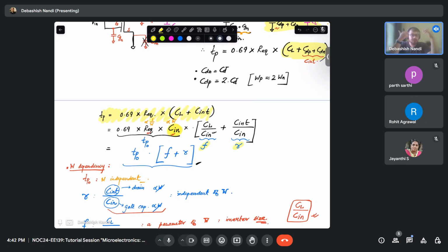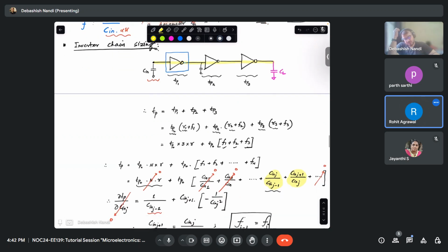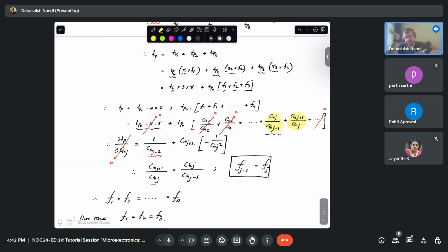That means how much your drain capacitance is with respect to your gate capacitance. So everything is just simple. To arrive from this part to this part is very simple. What I want to emphasize is, do not remember the formulas. It will not help you. It is better to understand the things so you can quickly do it. If you practice 3 or 4 problems along similar lines, then just looking at the circuit, you will be able to tell.